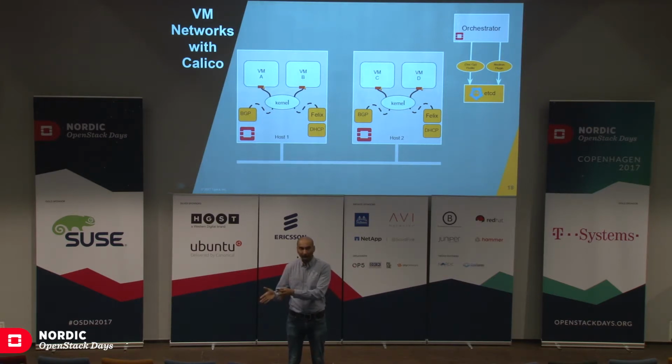So we are absolutely a Neutron plugin, but it's a pure layer 3 approach. And unlike OVS, where you now have to deal with something like DVR or VRRP to backhaul traffic into an L3 agent, in this case, every node is a router, so there's no backhauling. Every node can forward traffic directly, whether it's to the outside or east-west traffic. So a very clean architecture, if you will.